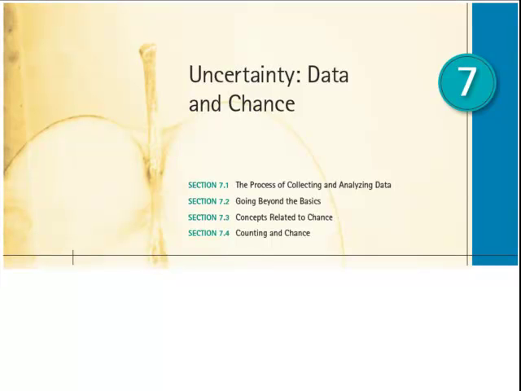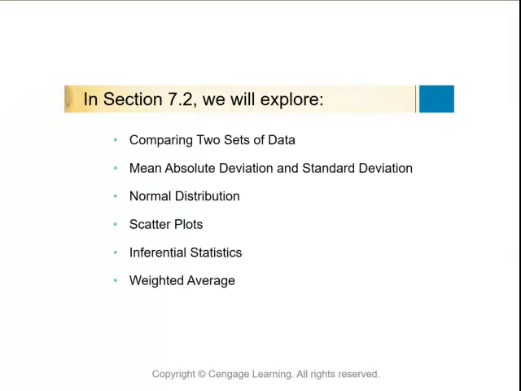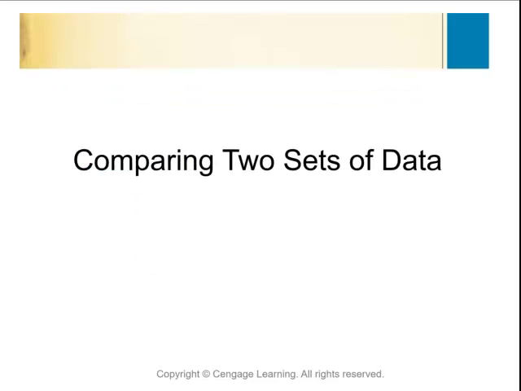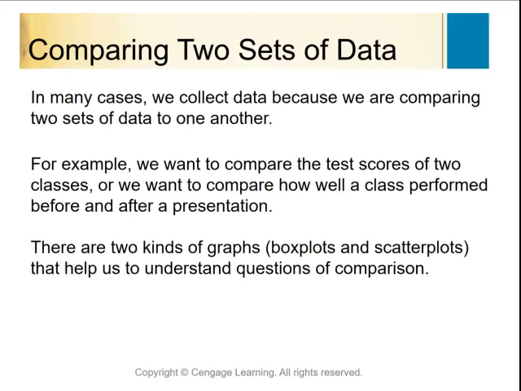What we're going to do today is look at two sets of data using scatter plots and box plots. We are going to be looking at standard deviation, the normal, and maybe a little bit of inferential statistics, just explaining what it is. So here we are going to look at comparing two sets of data.